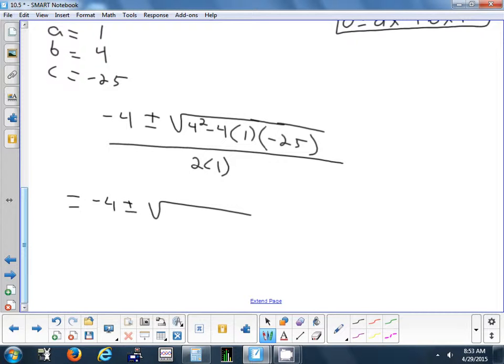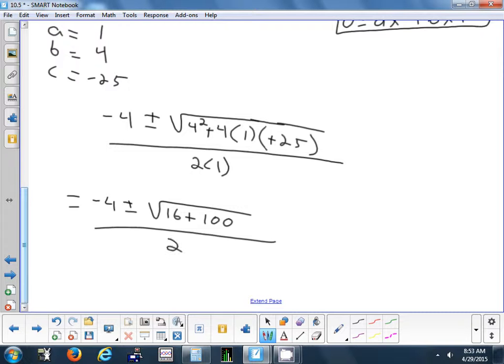What's 4 squared? 16. What's going to happen when you have minus times a minus? Yeah, that's going to be a negative, or minus a negative becomes a positive. Okay, so we got 16 plus, what's 4 times 1? 4. 4 times 25? 100.